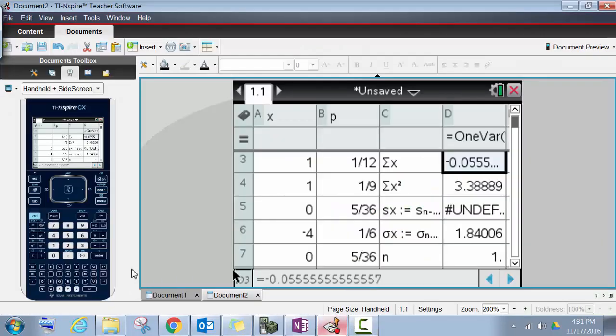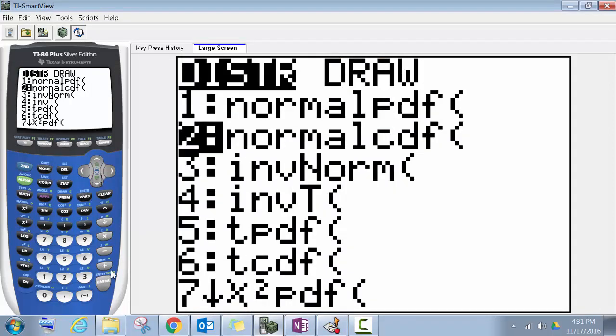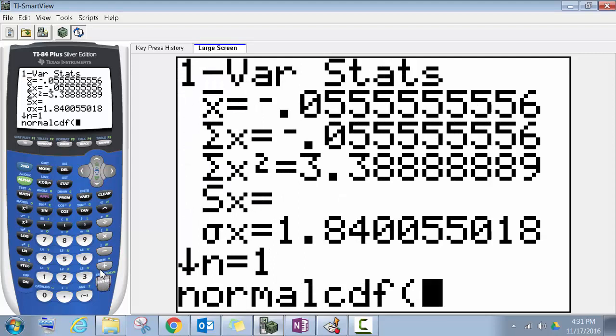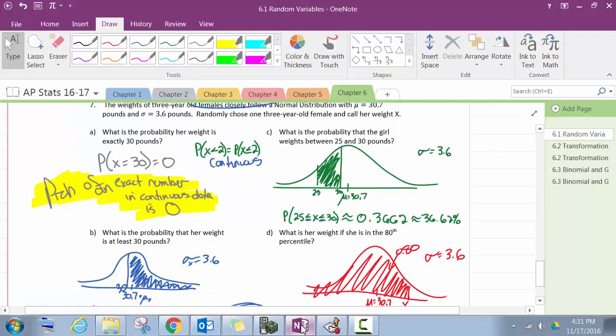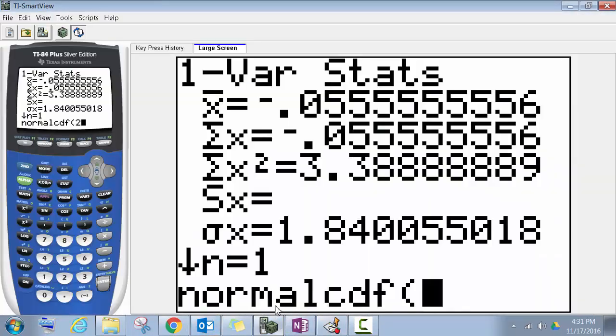And we use our calculator. If we're using the 84, we go to second distribution, and it's normal CDF. Now I know some of us have it a little bit different, but we put in our lower limit, which in this case is 25.